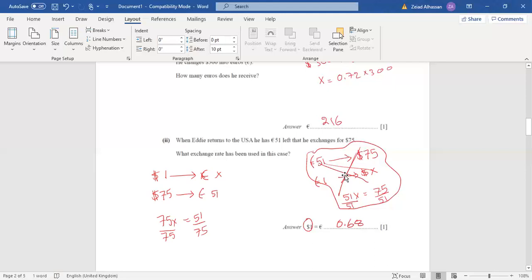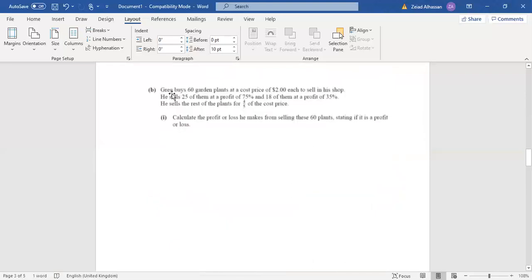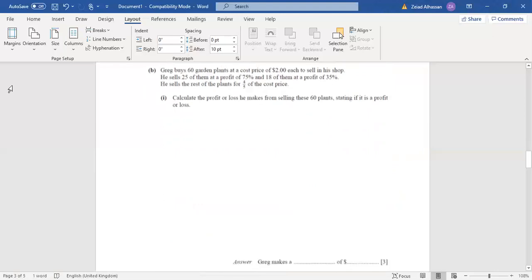Okay, let's move on to the other question. Greg buys 60 garden plants at a cost of $2 each. As I told you before, a lot of times we need to translate the word problem into mathematical steps.